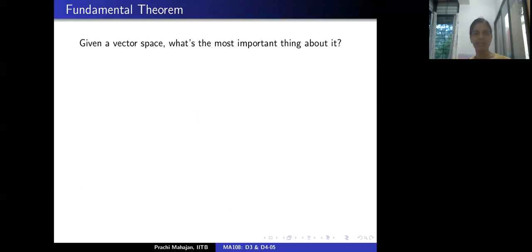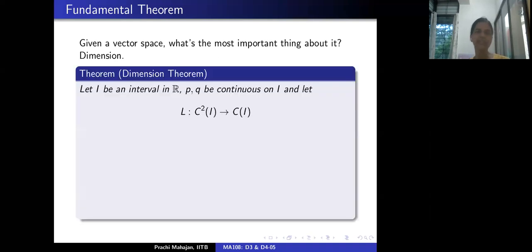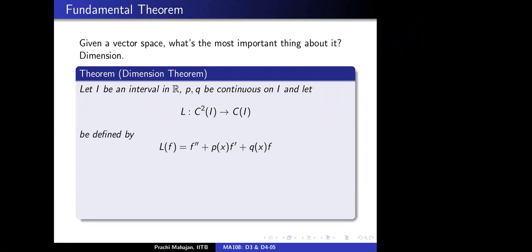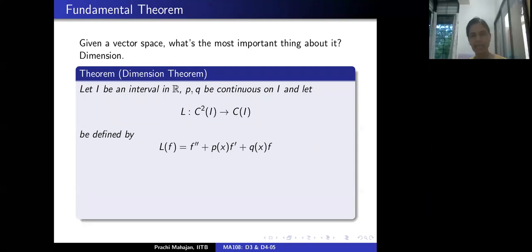What's the next thing, right? Having defined the null space of this linear transformation, I would like to talk about the dimension of the null space next. So here is what we have. Given an interval I in R, and P and Q two functions which are continuous on this interval I, let's consider the linear transformation L defined on the vector space of all twice continuously differentiable functions on I. Recall we had defined L of f as f double prime plus p(x) f prime plus q(x) f.